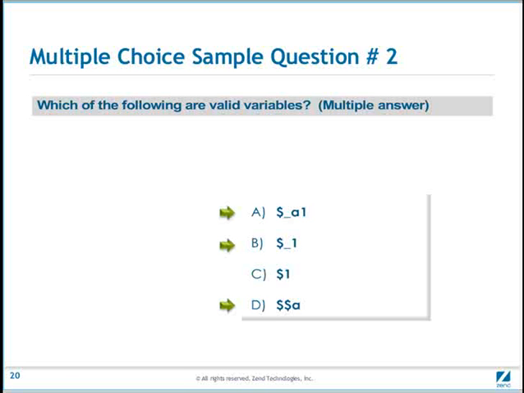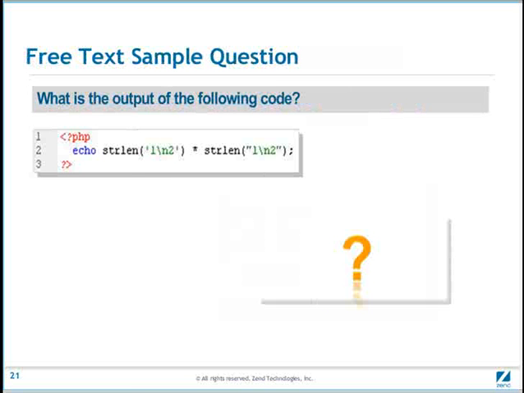So we have one more sample question here, and this is a free text sample. So you would be given a snippet of code, and then you would be asked to type in your response. And so I'm going to give you guys a couple of seconds to take a look at this and figure out what the response is.